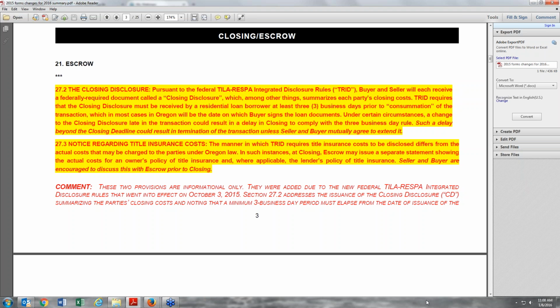There's a lot of disagreement and discussion about this, and what the CFPB did on this rather technical issue is they punted, and they said, well, what everybody should do is determine based upon your own state law when consummation is.